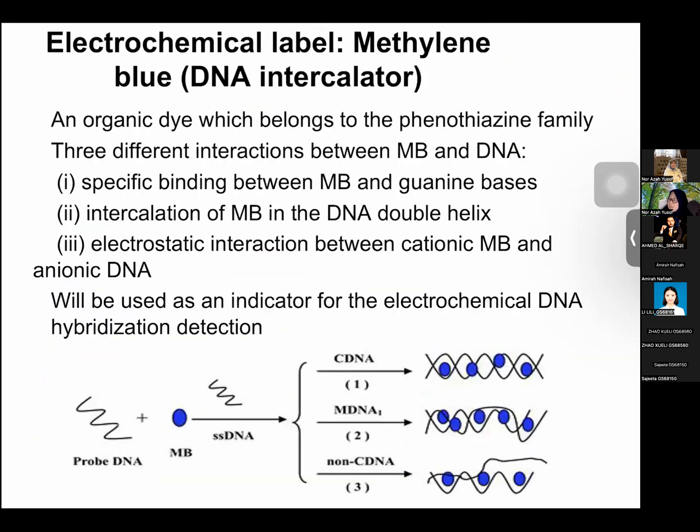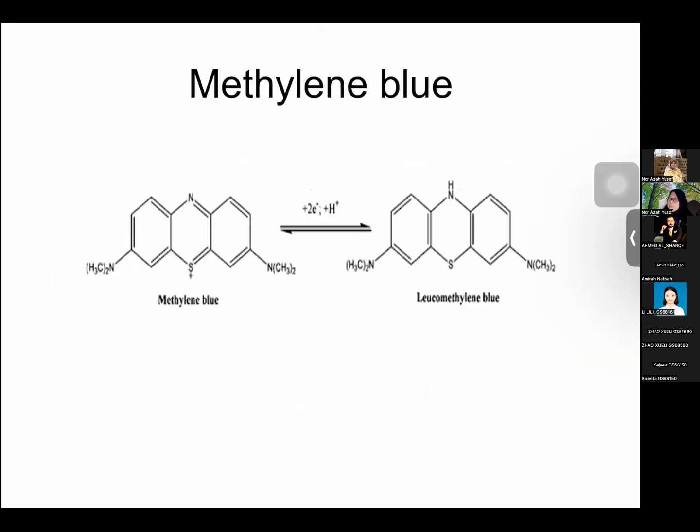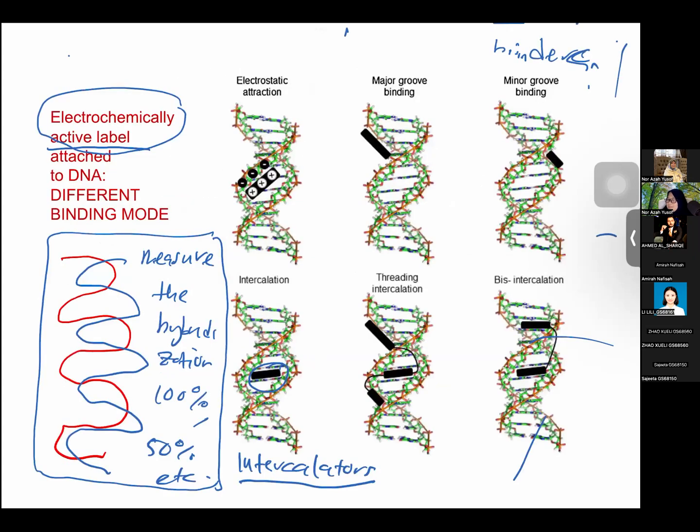For example, we have methylene blue. This is the structure of methylene blue, and methylene blue is an example of an intercalator. You can see the benzene ring. So they actually intercalate inside the double helix structure, and they have hydrogen bonds with the nucleic acid.